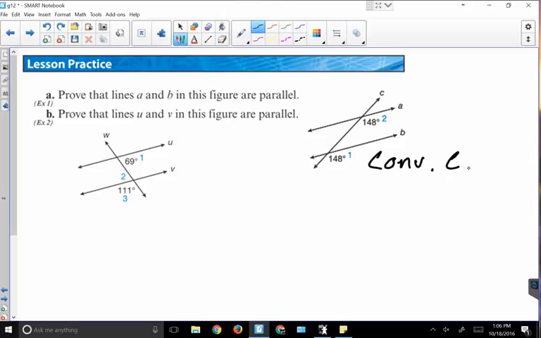So, corresponding angles. So, if I take a look at B, I'm going to give you 30 seconds and see if you can figure that out.